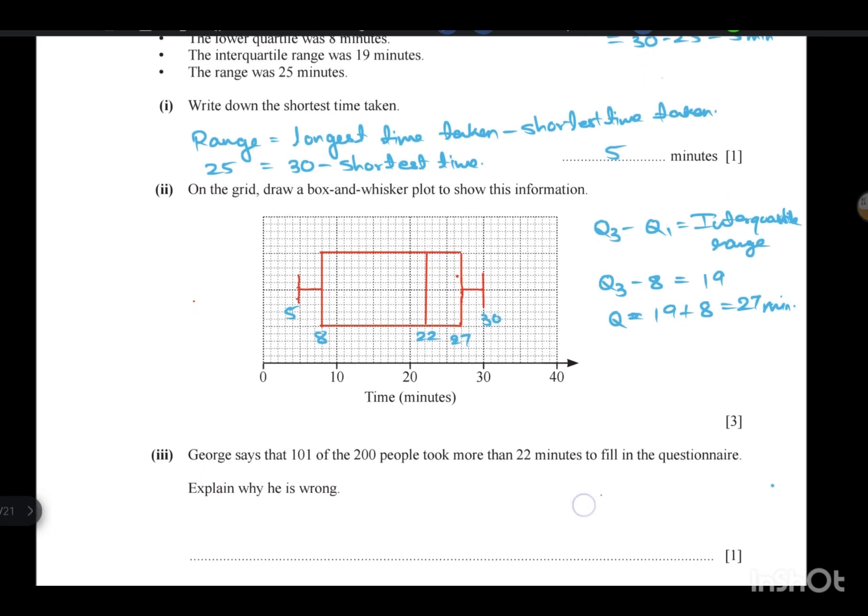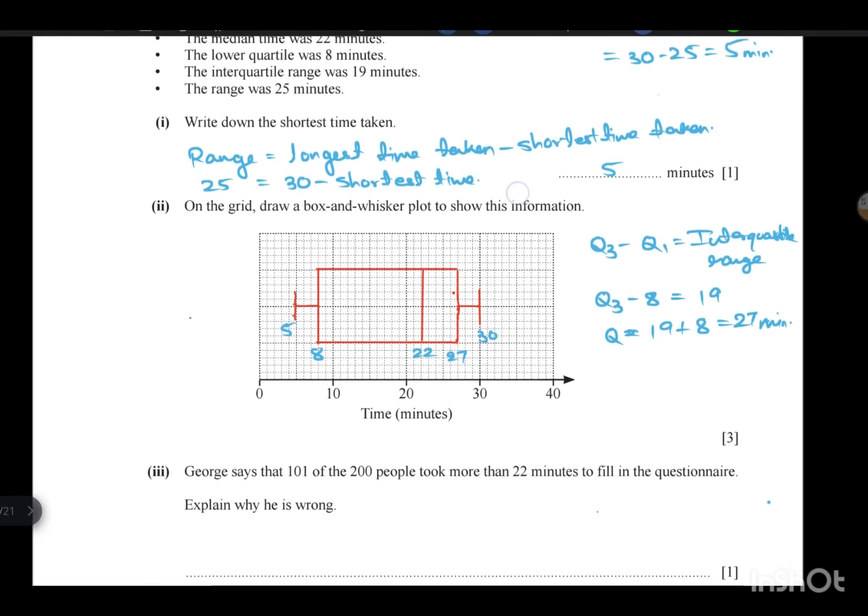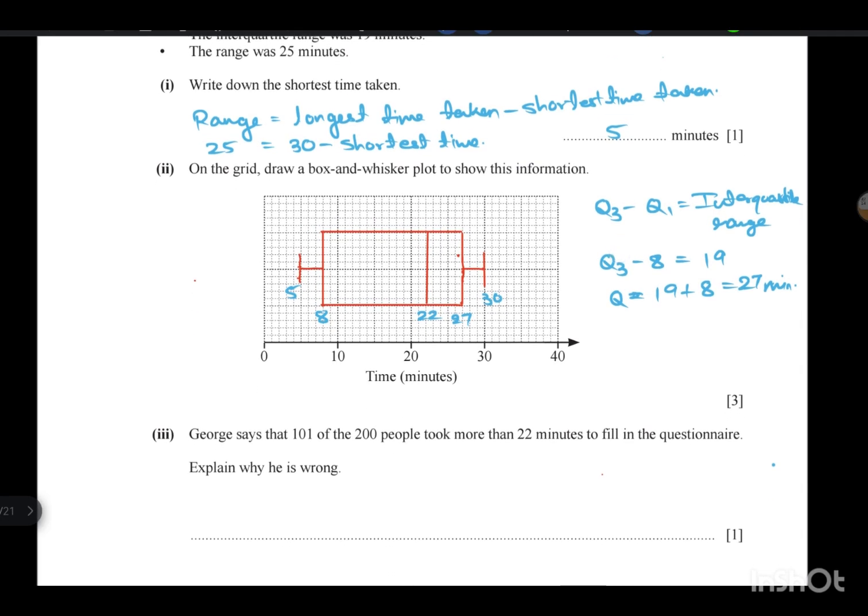George says that 101 of 200 people took more than 22 minutes to fill in the questionnaire. Explain why he is wrong. So now we already know that the median is 22, right? So the median is 22. That means 50% of the people took 22 minutes or less.